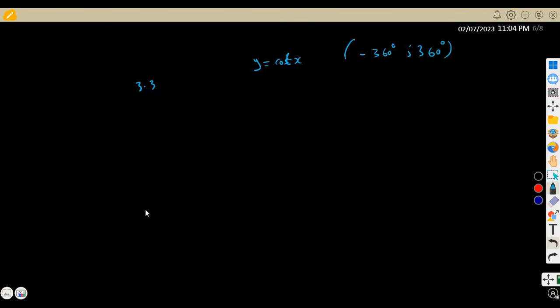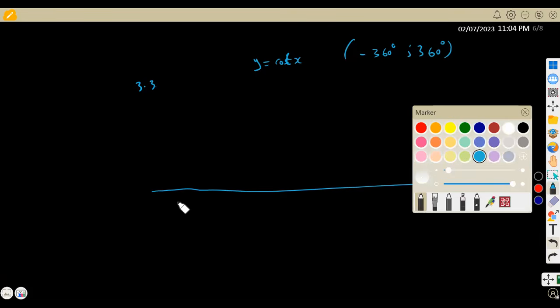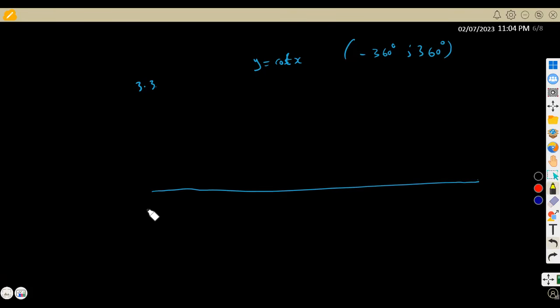So our values of x are going to be from negative 360. This is too much, guys. Let's just see if I can try to redo this one. All right, something like this. We are going to take our values from negative 360 and separate them by 90 degrees.